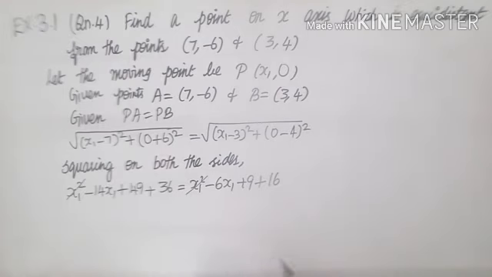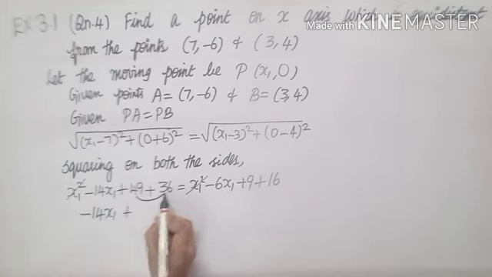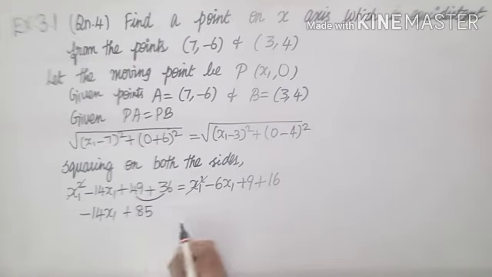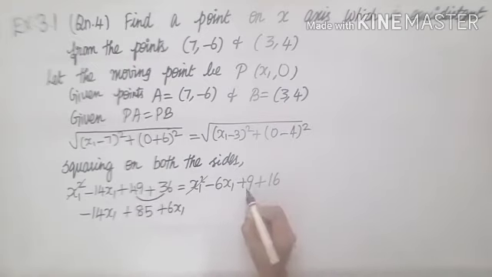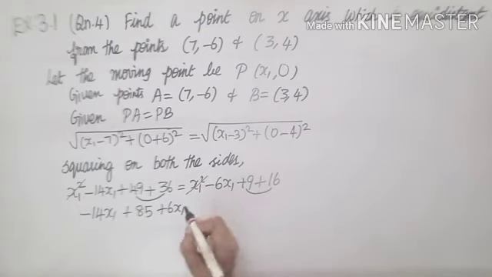Let us bring to the same side and simplify the answer. x1 square on both sides will get cancelled. Bringing the terms to the same side: minus 14x1, 49 plus 36, 85. Minus 6x1 comes as plus 6x1. 9 plus 16, 25 comes to the left side as minus 25 equal to 0.